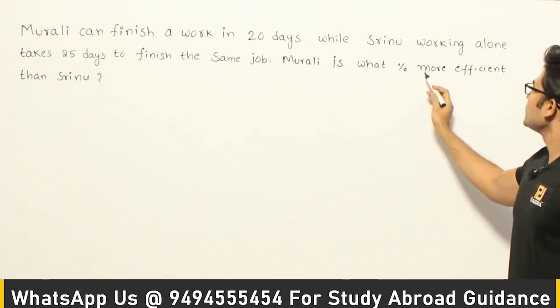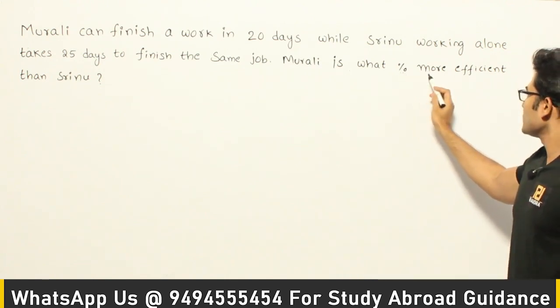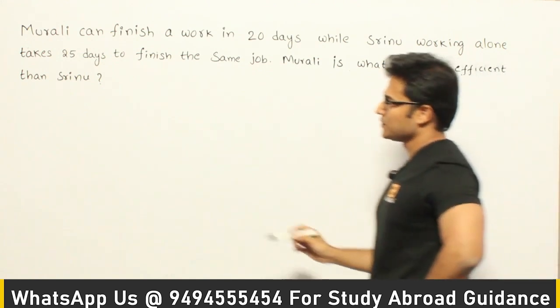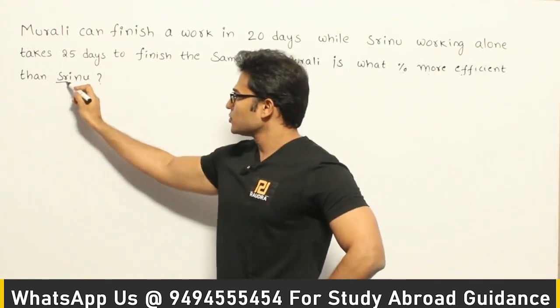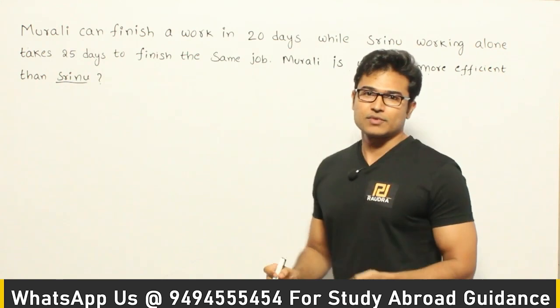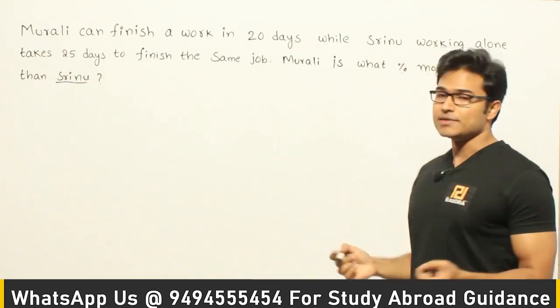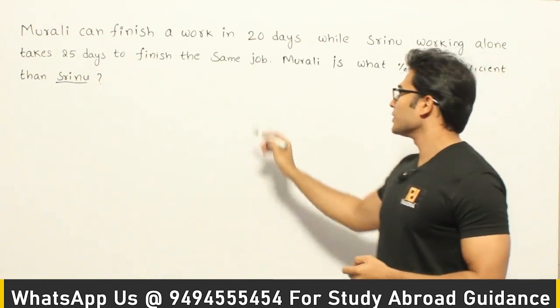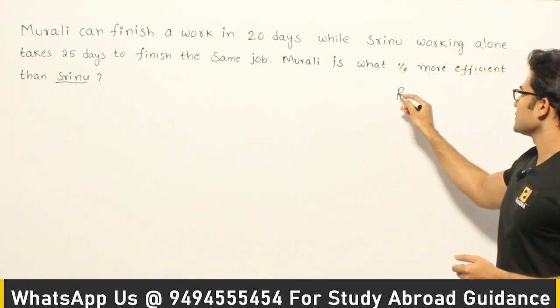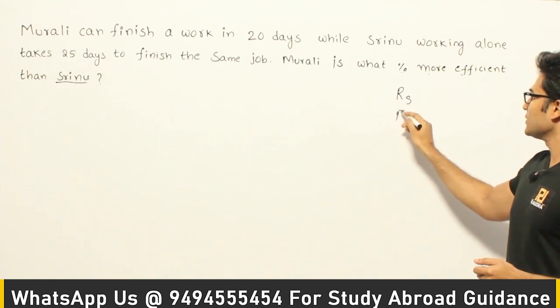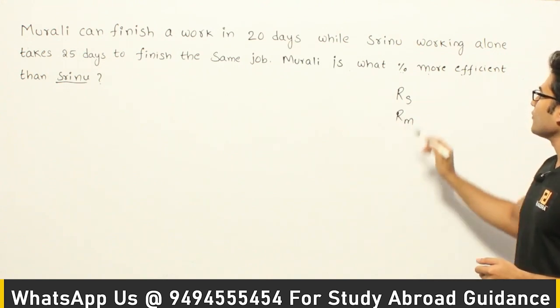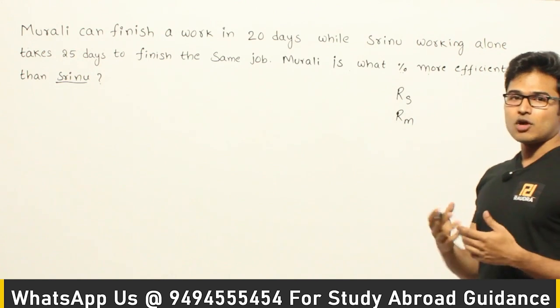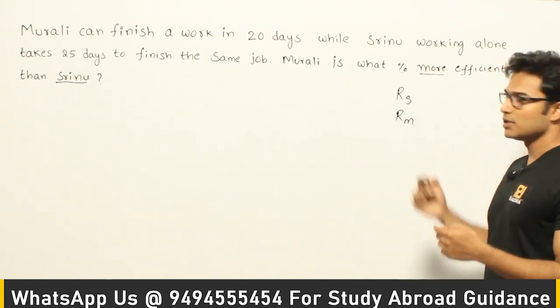Whenever it is given that what percent more efficient than Srinu, you are supposed to put this in the denominator. Whenever we are talking about efficiency, we generally talk about the speed or the rate. Let us assume that the rate of Srinu is Rs and the rate of Murali is Rm. Whenever they are talking about what percent more, it means the difference.